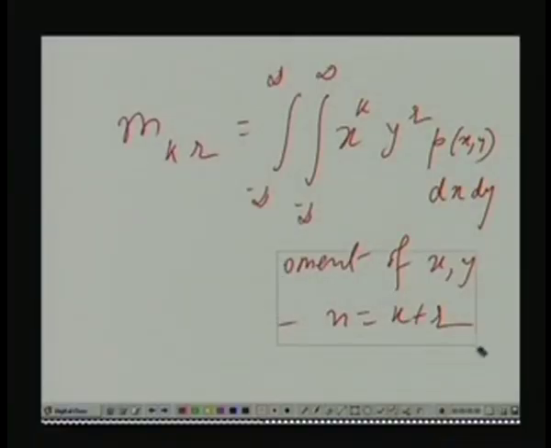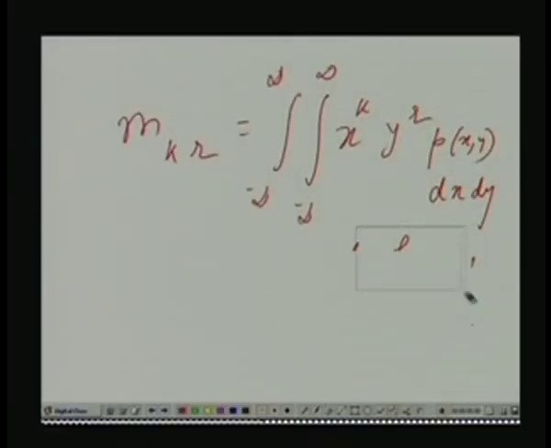Certain things follow easily. What is M10? That means x to the power 1, that is x, y to the power 0, that is 1, times p(x,y) dx dy.